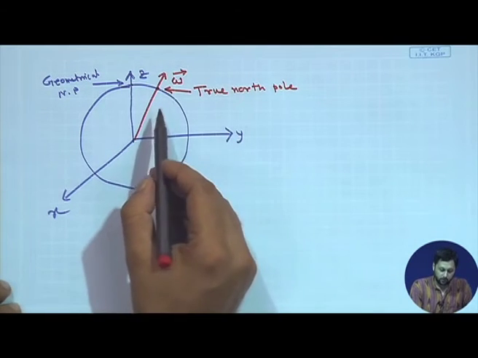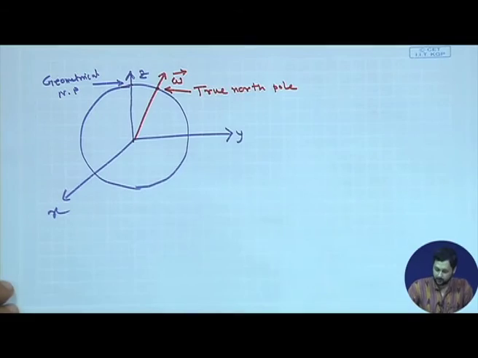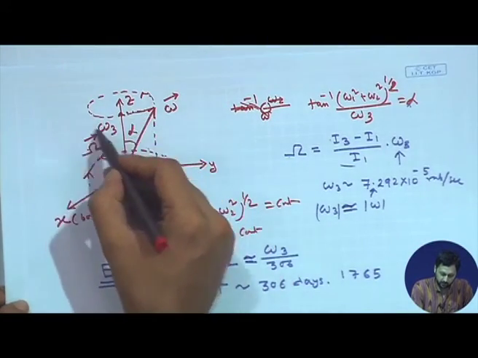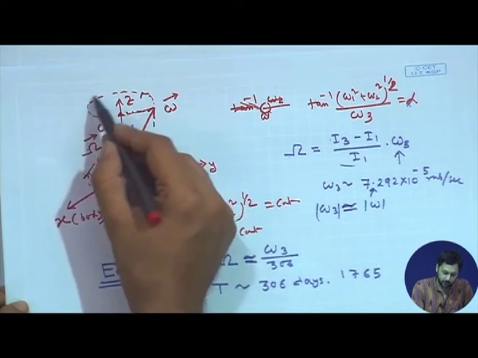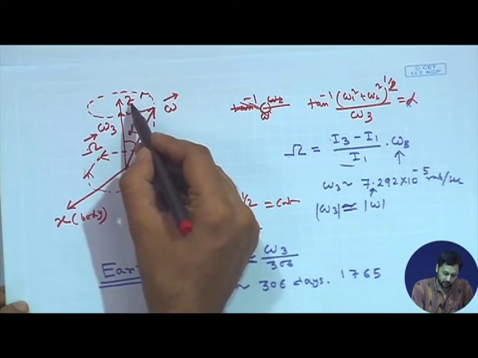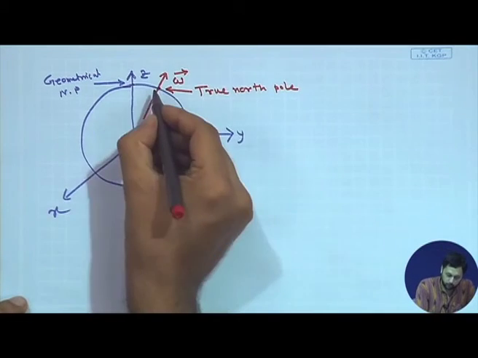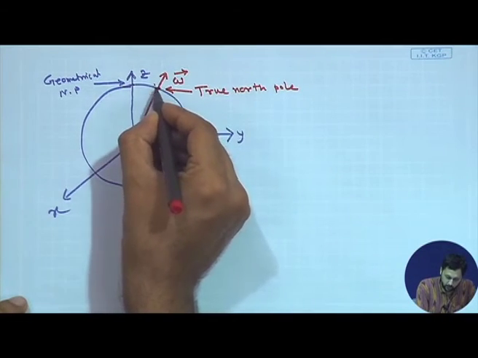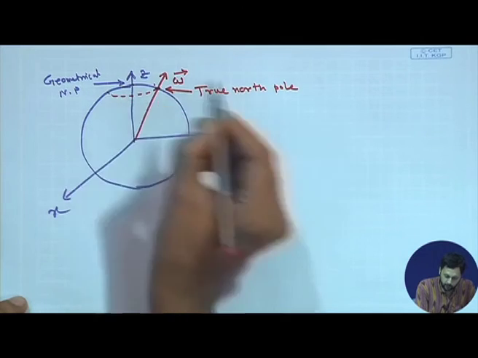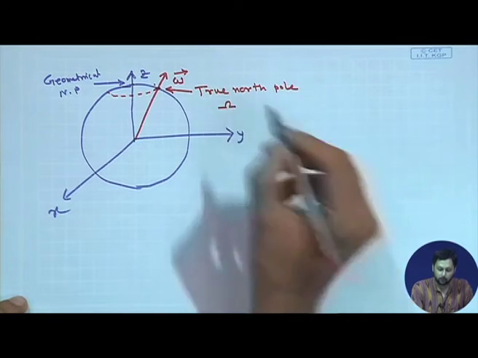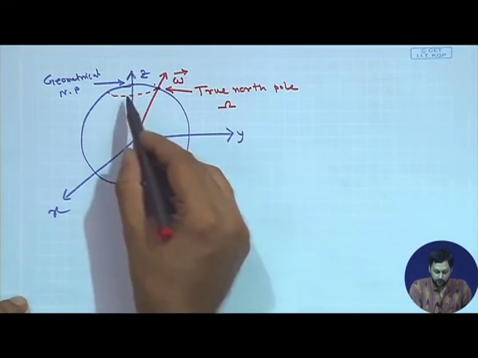So, according to the results we have just obtained, if capital omega, the angular velocity, is making a precession motion around the geometrical Z axis, that means the true north pole is actually rotating around the geometrical north pole with a time period of capital omega. Okay. So, this is the meaning of it.